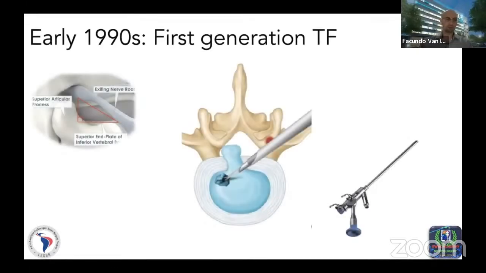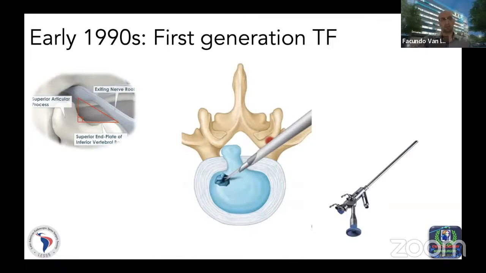So the first thing that you have to know is that endoscopic spine surgery is not really a new technique. It started in the early 90s as a way to take advantage of a 1976 approach described by Kambin.